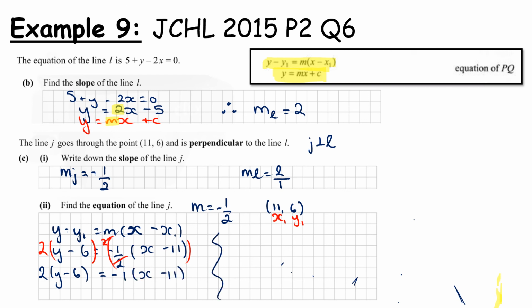Multiplying that out, we get 2y minus 12 equals minus x plus 11. I'm going to bring everything to the left hand side, so I'm going to add an x to both sides. So x plus 2y minus 12, and I'm going to subtract an 11 from both sides. So I have equals 0. We get x plus 2y minus 23 equals 0. And that's our equation for J.